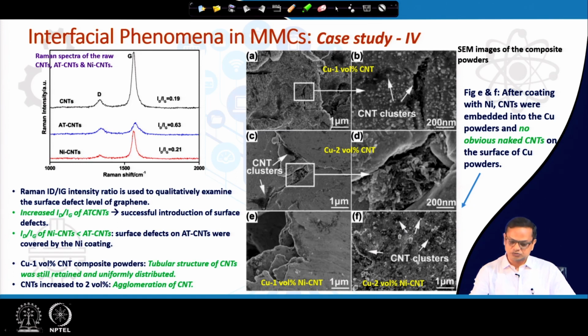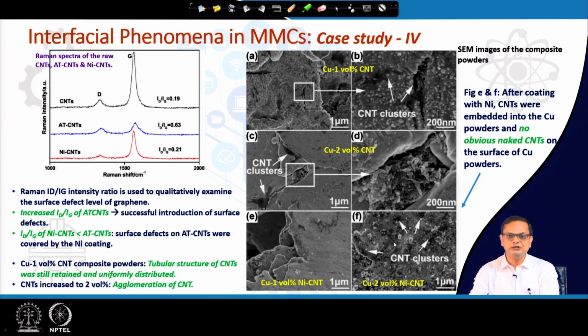When it is 2 volume percent, you can still see those particles a little bit, but not as you were seeing in earlier cases when they were not deposited with nickel. So, from 1 to 2, when you have a higher amount of CNT, there is more agglomeration, and once it is deposited with nickel, you do not really see them individually as carbon nanotube particles or fibers.